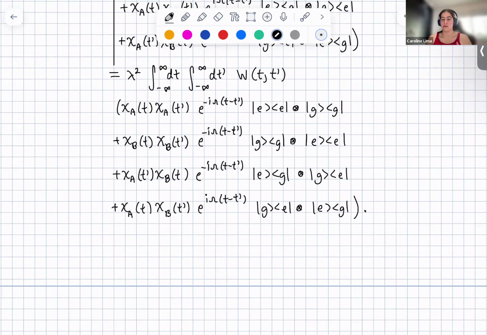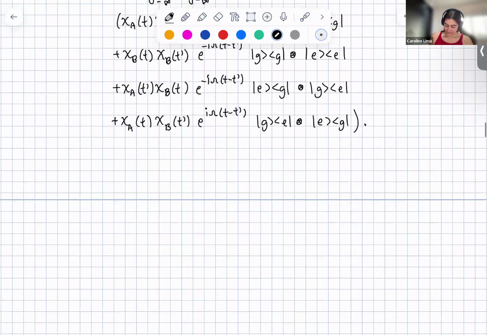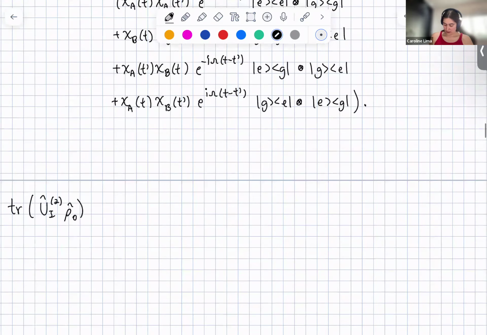Just tedious calculations, but they are necessary. So let's do now the other contribution. So we want the contribution from the trace acting with U2 and rho 0. Okay, so here we're going to get a minus lambda squared integral from minus infinity to infinity.